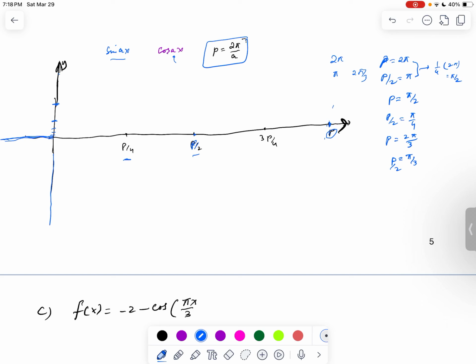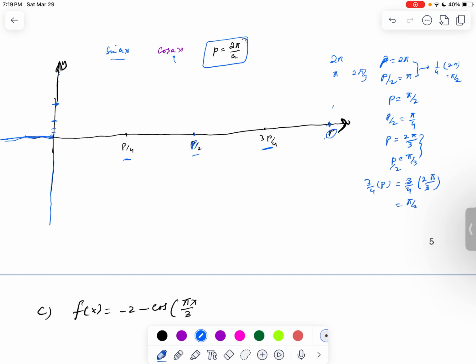So to find this, you will multiply p by 3 over 4. So you'll find 3 over 4 p. For example, in this case, 3 over 4 p will be equal to 3 over 4 times 2 pi over 3. So 3 and 3 get cancelled, and 2 and 4 get cancelled, and you are left with pi over 2.